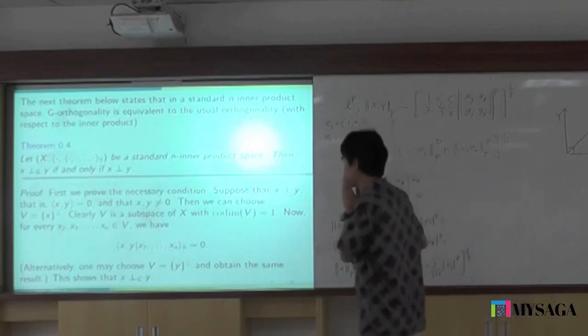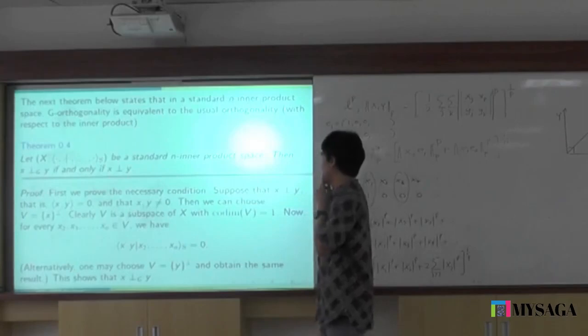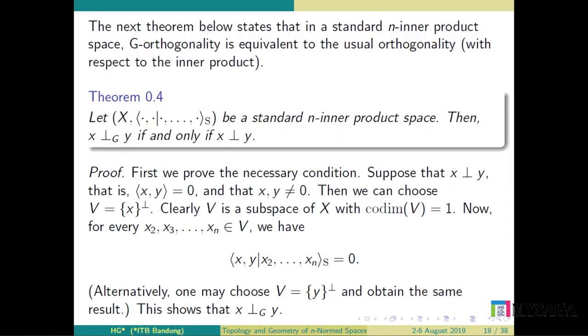So I don't have time, I guess, but let's see how we prove the necessary condition. So suppose that we have the usual orthogonality. So from right to left, that's what we are going to prove. That is, the inner product is 0, and x and y are not zero vectors.